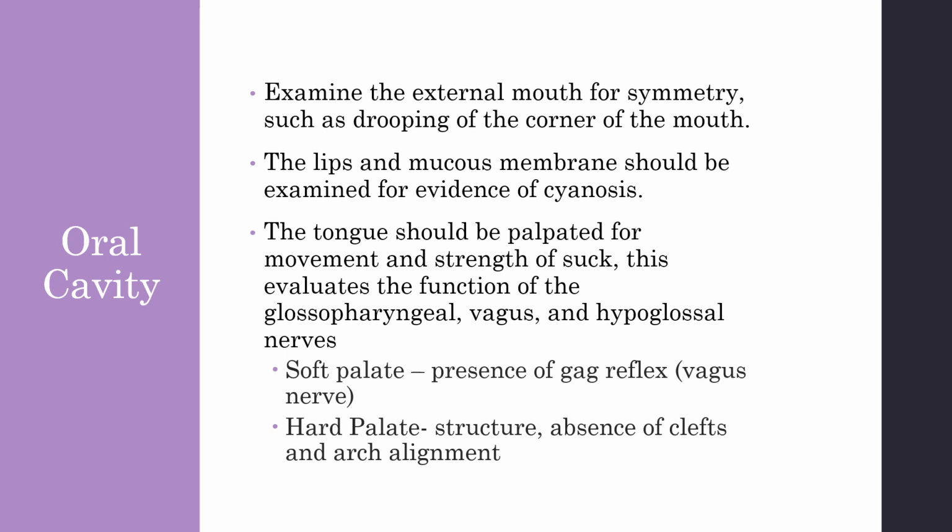Once the baby's mouth is open, we can go in and look at the tongue. We can assess the strength of the suck response. With this, we are going to insert a clean finger, or you can glove up at this point. You're going to slowly insert your finger into their mouth. You're going to feel the palate. The first thing you're going to do is assess the strength of the suck.